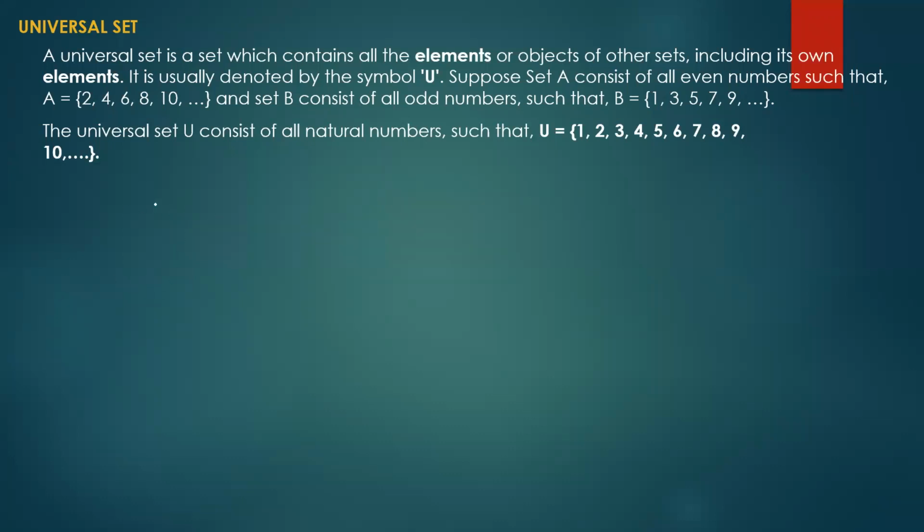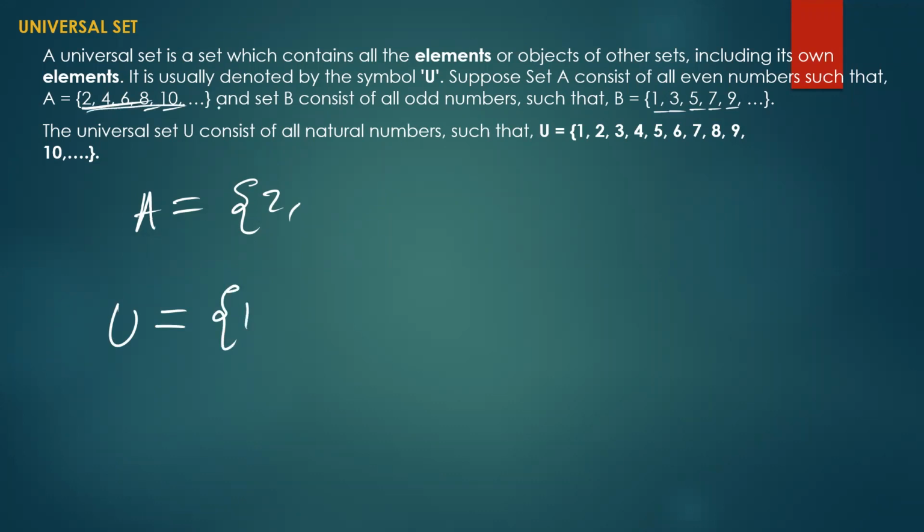In other words, if you've been given, let's say, set A is equal to 2, 4, 6, 8, 10, and then you also have set B, which is 1, 3, 5, 7, 9. The universal set is therefore going to be 1, and so on.